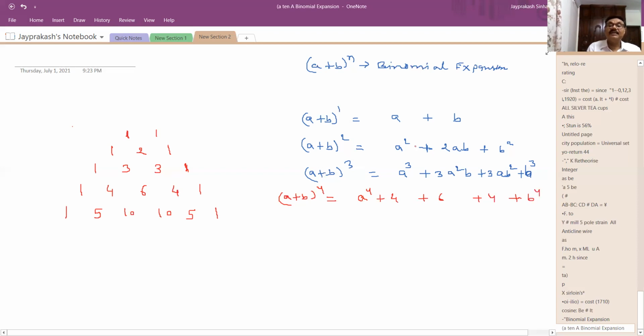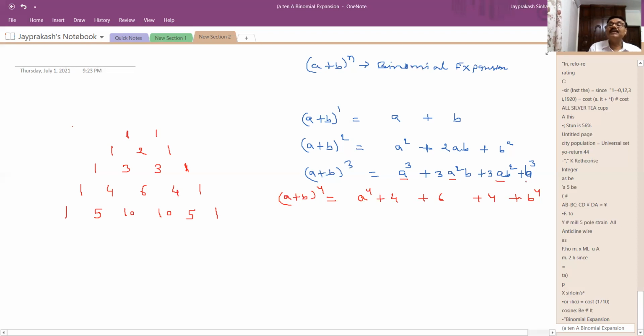Now see, here there is a pattern. If a plus b whole cube is there, then the power of a in the beginning is 3. After that, the power of a is decreasing. In this term, the power of a is 2. Here the power of a is 1.